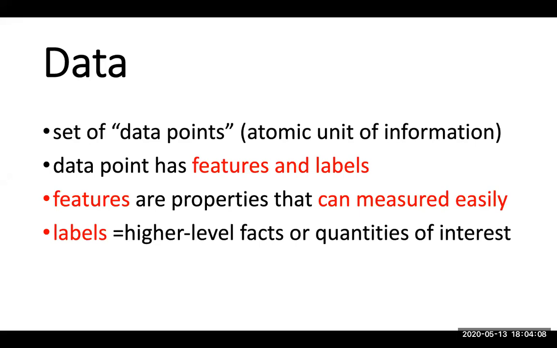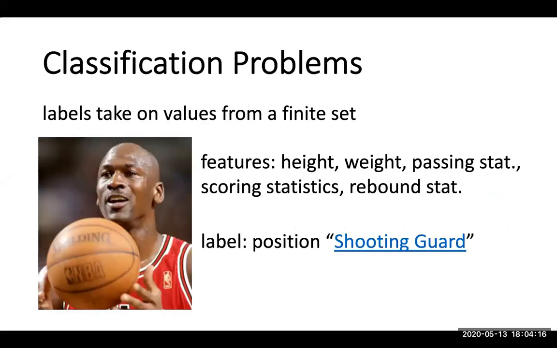The label is any higher level fact or quantity of interest, and you can define what the label is. Let's look at a particular classification problem, which has been proposed by one of the students as a bonus task, and which I would like to take up here in this lecture. This classification problem is to find the best position for a basketball player. So a data point is here a basketball player.